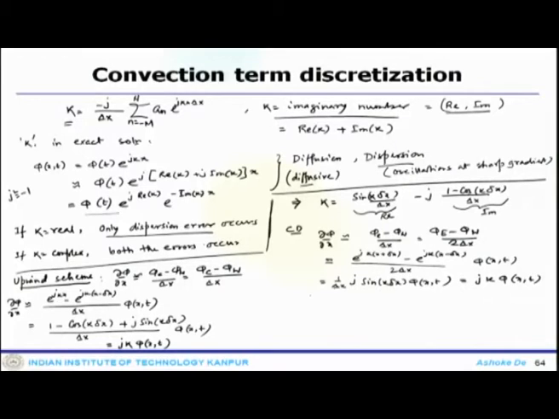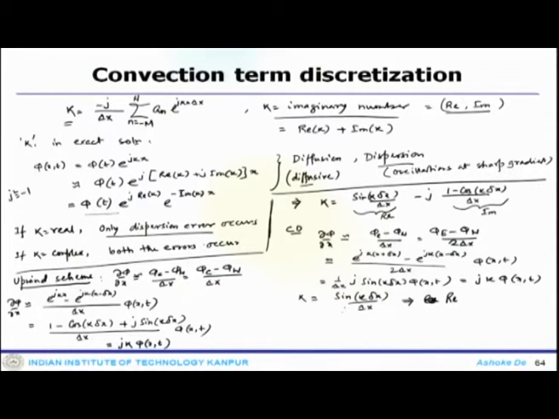From this one can get k equals sin k delta x by delta x, which is only a real component. So, only real component of the system. If the real component is there, then that means the CD shows only dispersion error.